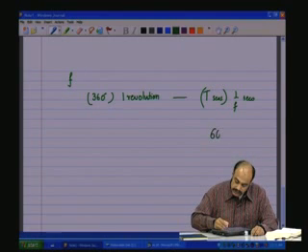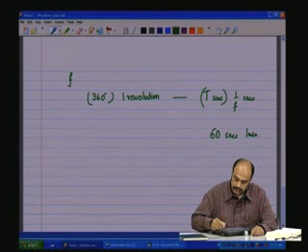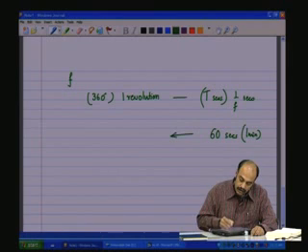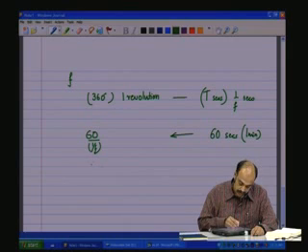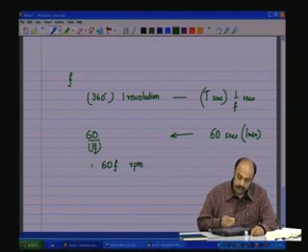So in 60 seconds, that is 1 minute, how many revolutions does it make? So it is 60 by 1 by f, or we should say 60 f is the revolutions per minute, and this is your ns.